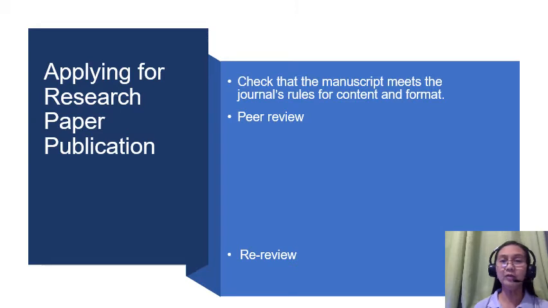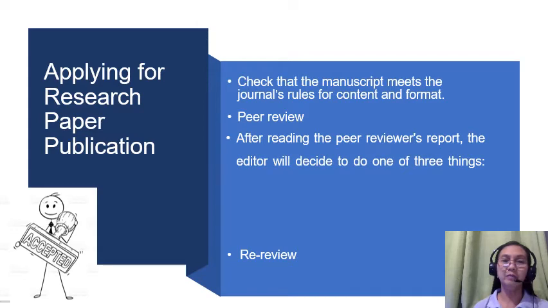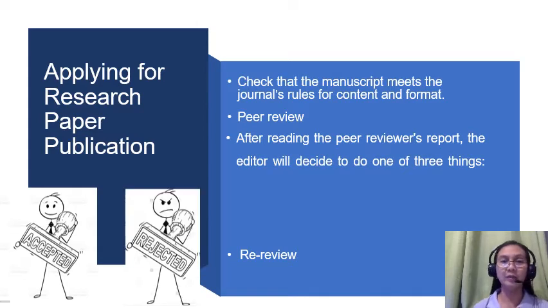After reading the peer reviewer's report, the editor will decide to do one of the following things: reject the manuscript, or accept the manuscript, or ask the researchers to revise and resubmit the manuscript after responding to the peer reviewer's feedback.